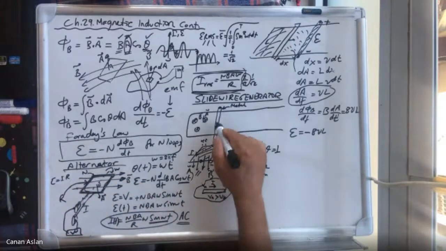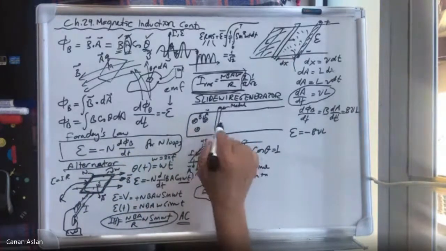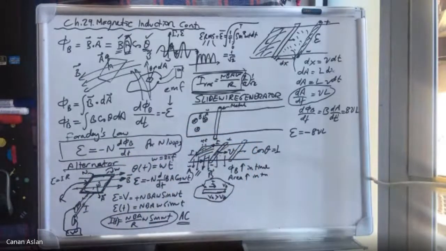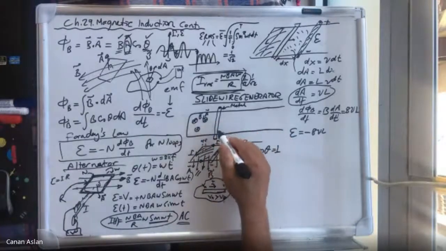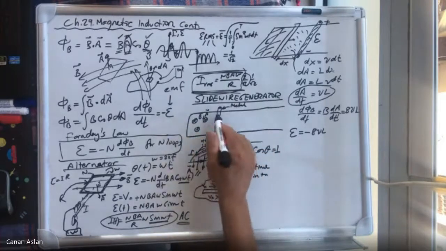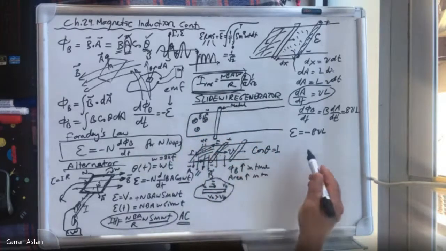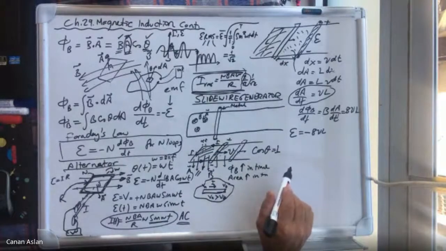Of course, we have only one loop, so n is 1 in this case. It's not easy to continue this experiment with more loops, and it's not going to make any difference. So that's why the number of loops in this case is just 1.